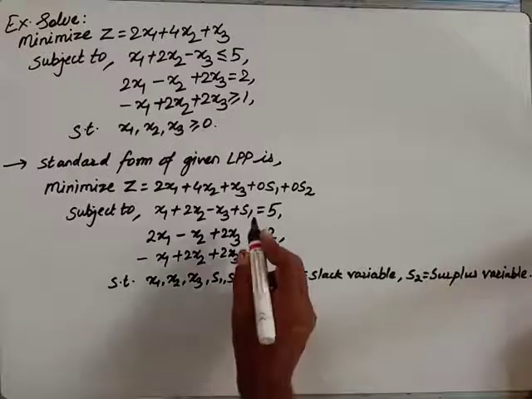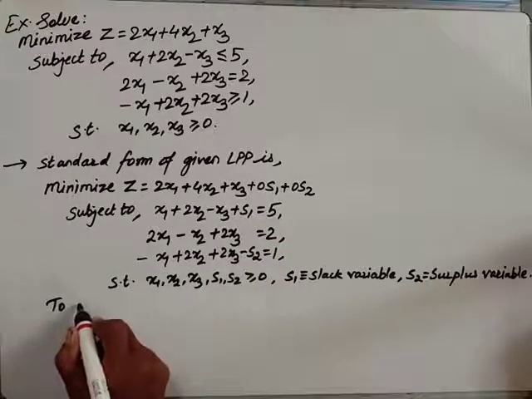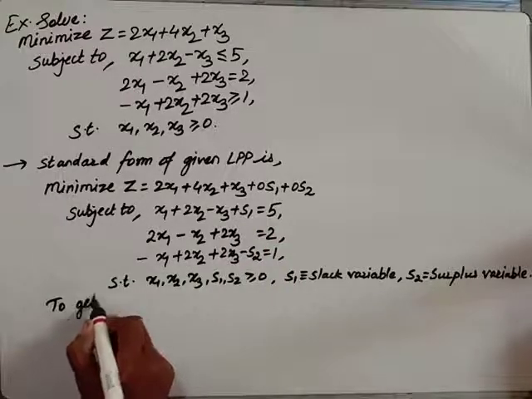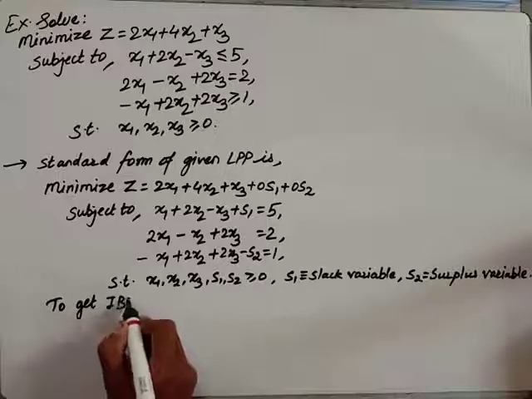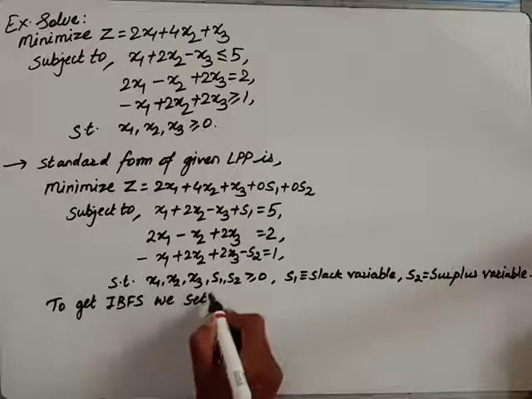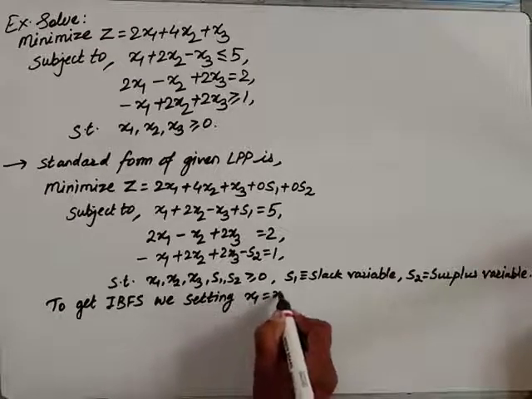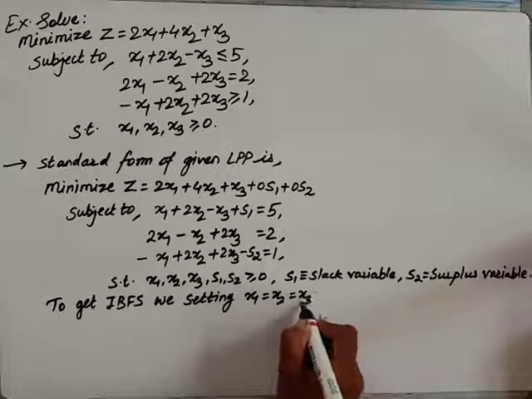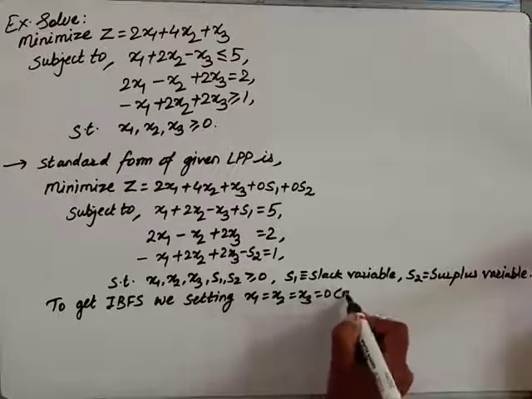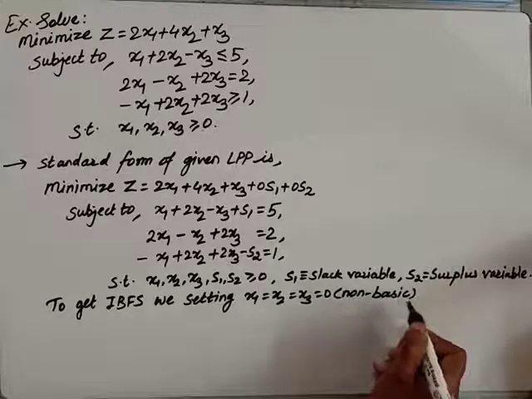Now to get the initial basic feasible solution, we set x1 equal to x2 equal to x3 equal to 0. These are non-basic variables.